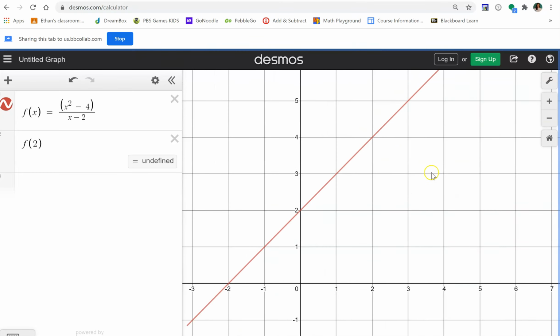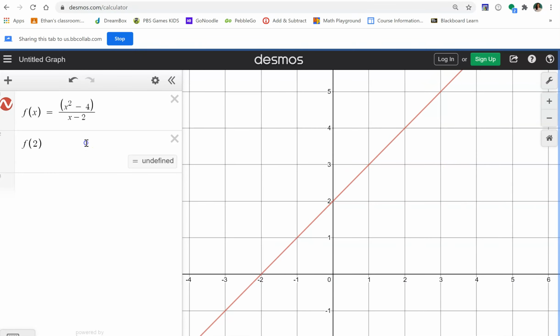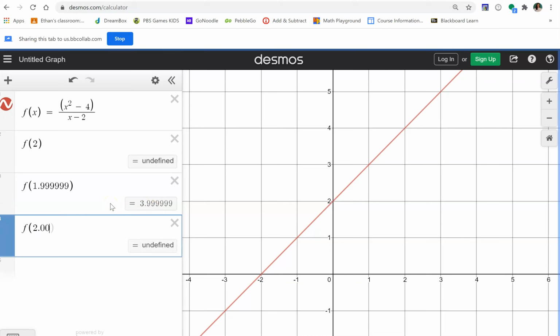And if I had wanted to get those other values, I could, when x was 1.999, I'm going to get really, really close to 2. See how close to 2 I am there and how close to 4 the output is? And then on the other side, I can get really close to 2 again. 2.00001, super close, and I'm really close to a height of 4, but I'm not actually there. I never actually get there, but that's okay.